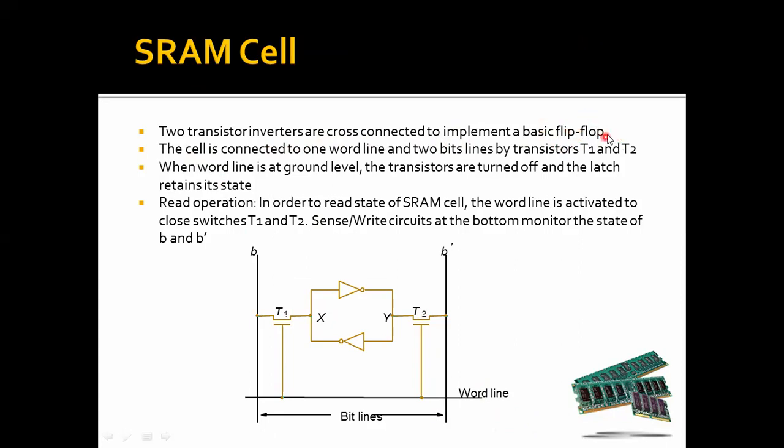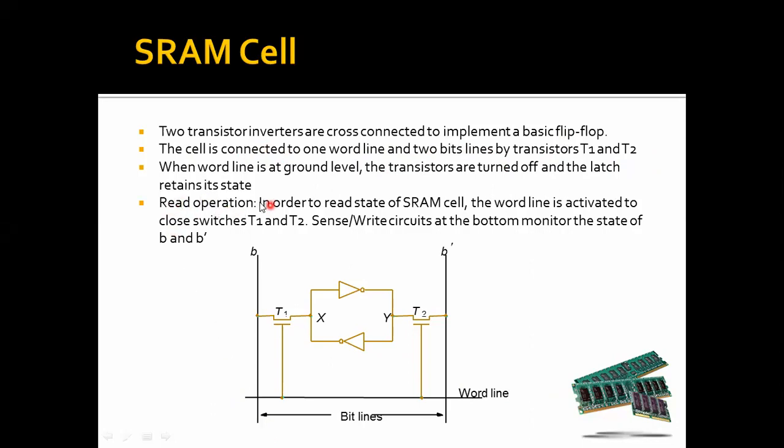A flip-flop is also a storing device that stores 1 bit of information. Already we know about flip-flops; different types of flip-flops are there. The cell is connected to one word line and 2 bit lines by transistors T1 and T2.